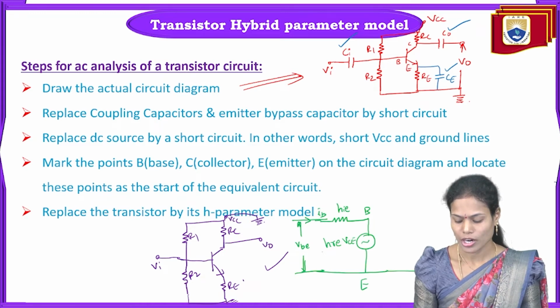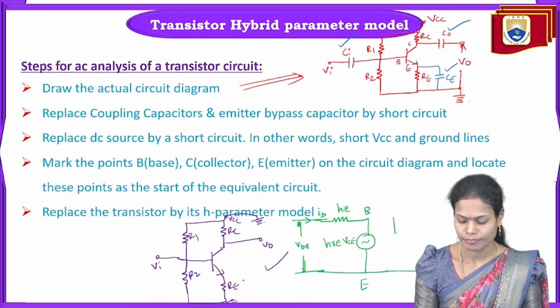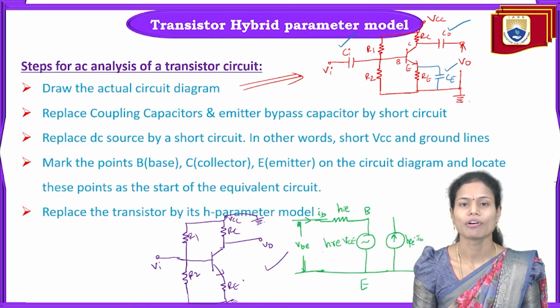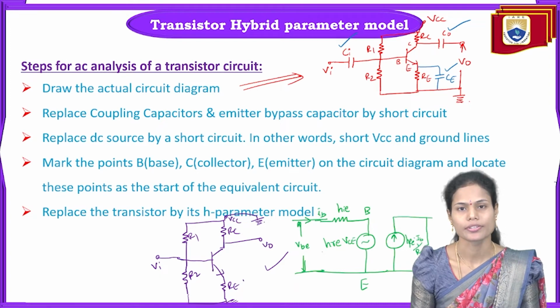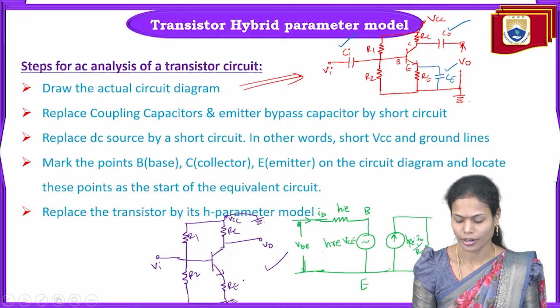While coming to the output side, we are having the current source, that is HFE into IB, forward current gain into input current IB. And along with this, we are also having the output resistance 1 by HOE.